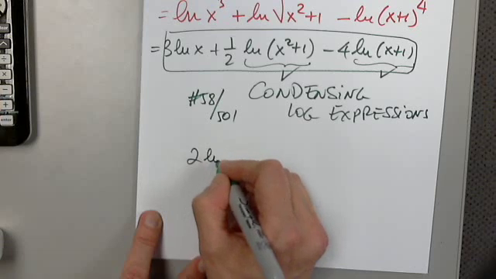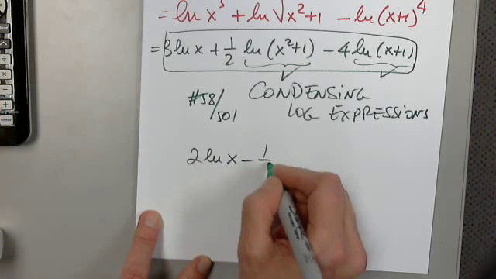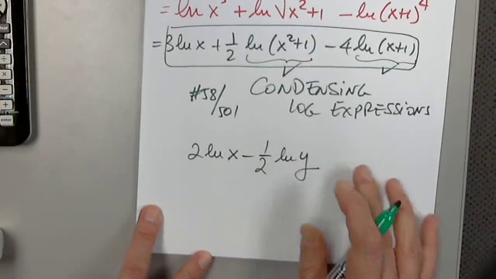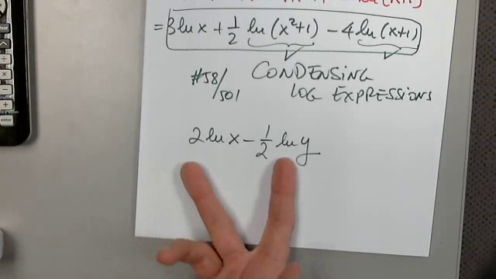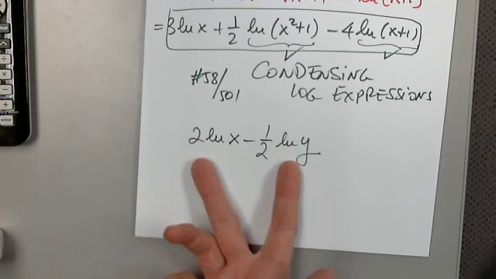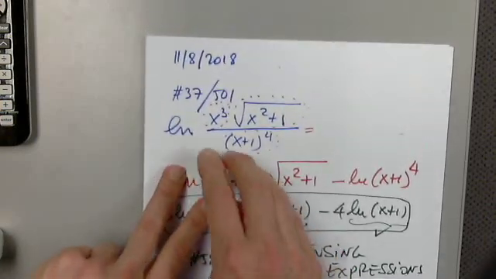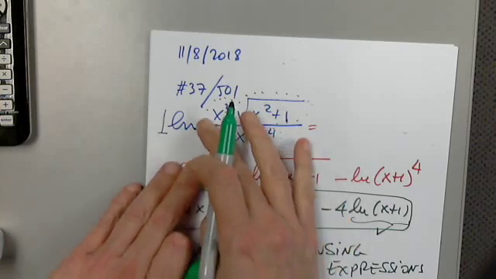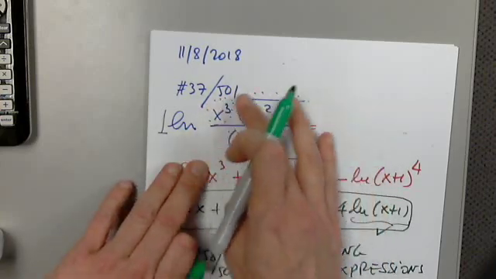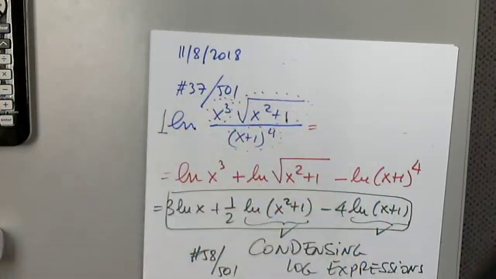And this is 2 natural log x minus 1/2 natural log y. So this time we are given a subtraction of 2 logs, and we want to come up with something like this, with 1 in front of it and all the expression together condensed into only 1 log.